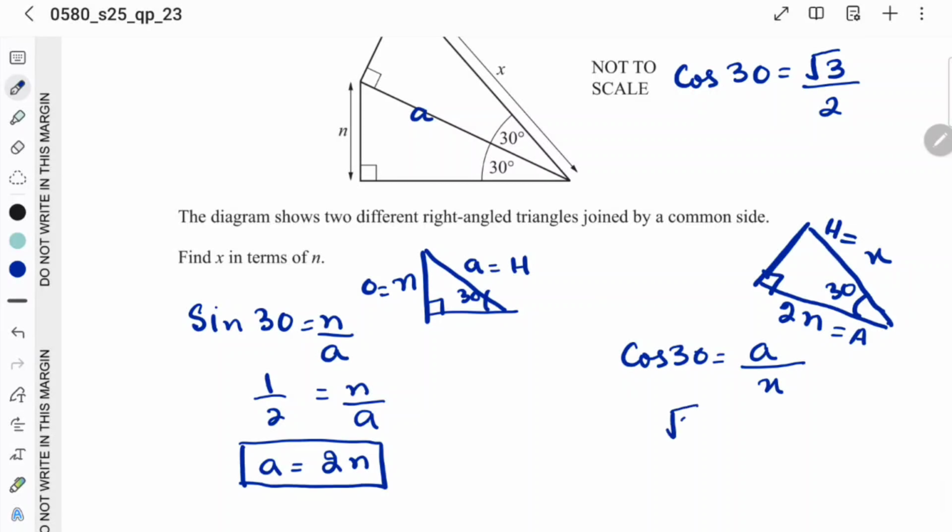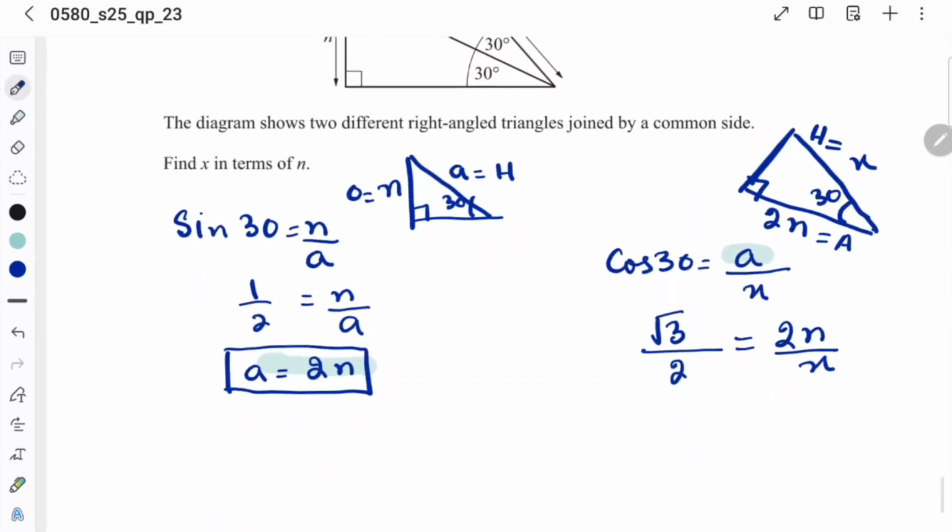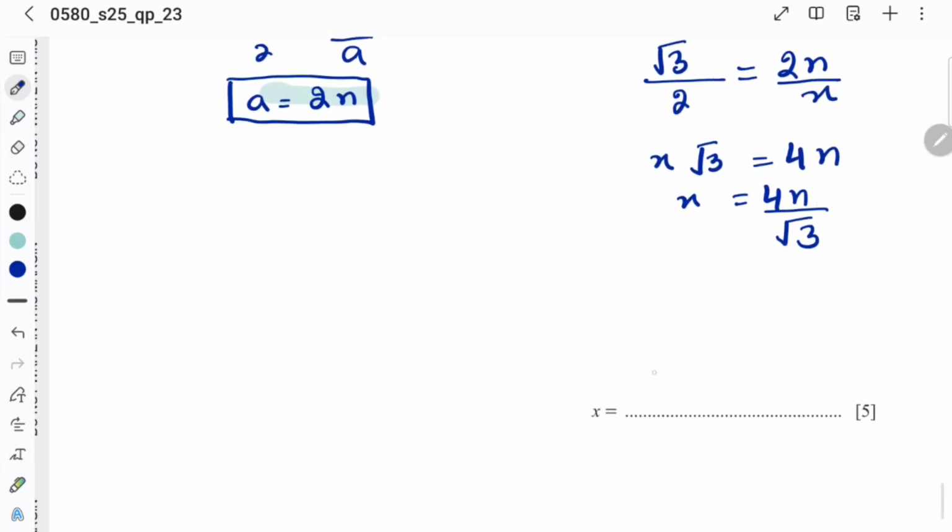Remember, square root 3 over 2. The value of a is 2n. Just substitute here, 2n upon x. Cross multiply. x square root 3 is equal to 4n. Then x is equal to 4n upon square root 3. The answer is in terms of n, 4n upon square root 3.